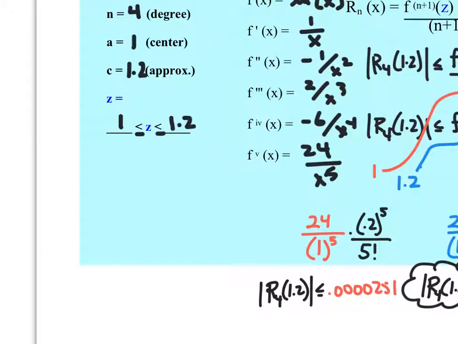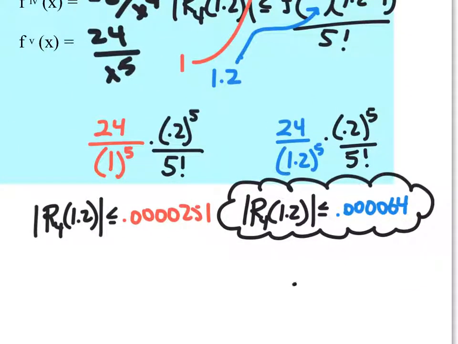So I would approximate the error of what I would come up with if I did the fourth degree Taylor polynomial of that with 1.2 plugged in. That would come out to be this close to the actual.